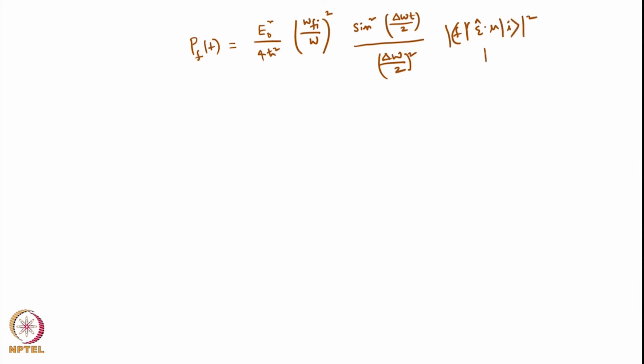Now this I told you is a transition moment, it is a definite integral, I will just write it as t and I take a square of it, so it will be t square.